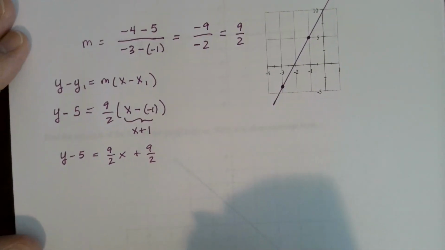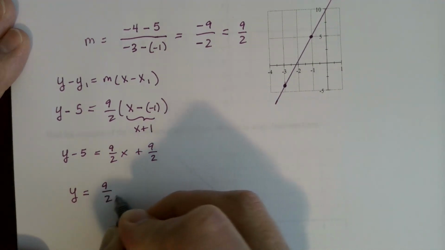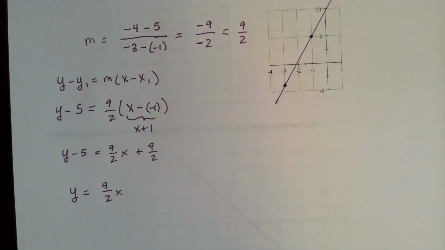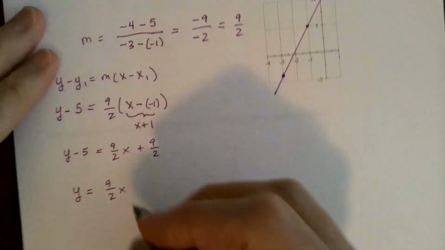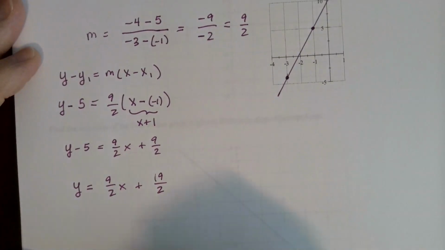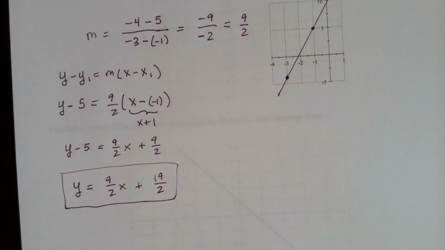And then I need to add 5 to both sides. And when I add 5 to 9/2, how do I do that? Well, 5 is equal to 10/2, right? And so 9/2 plus 10/2 is 19/2. And there's the equation of the line in slope-intercept form.